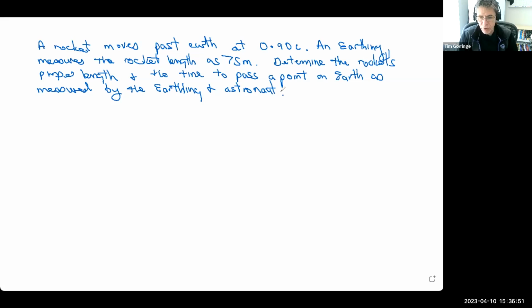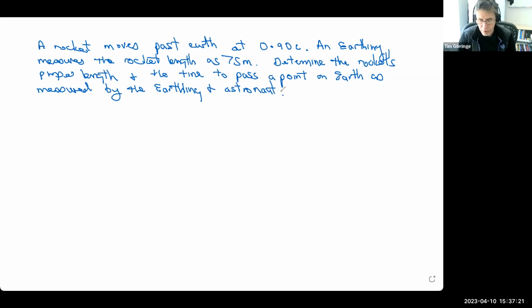They're measured at different locations in the rocket reference frame. So it's the Earthling that measures the proper time between events, the arrival and departure of the rocket, that occur at the same location. It's the astronaut that sees the time-dilated time, because the events of arriving at and leaving the Earthling are seen at different times.